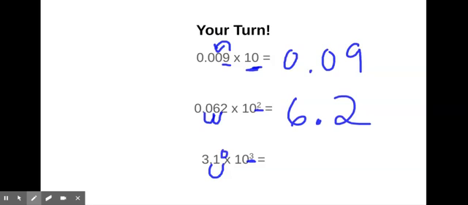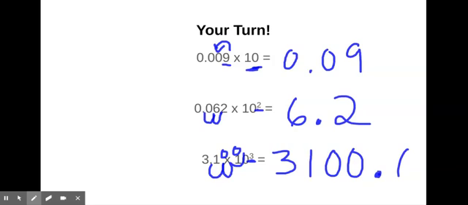Let's add a couple zeros so that we have more places to keep moving. So there's 1, 2, 3 places. So I end up with 3, 1, 0, 0, and then I would have my decimal point. I don't have anything else, so I can just add a 0 to hold the place. I end up with 3,100.0.